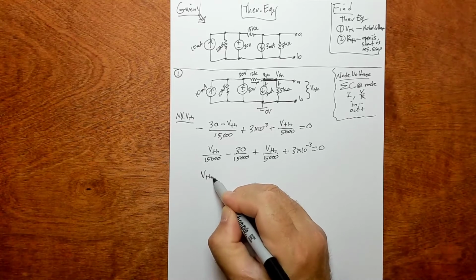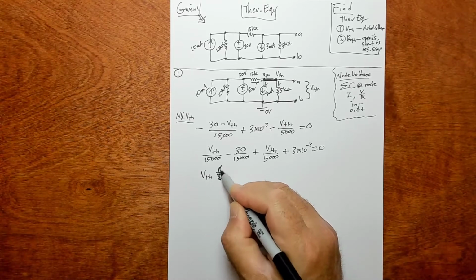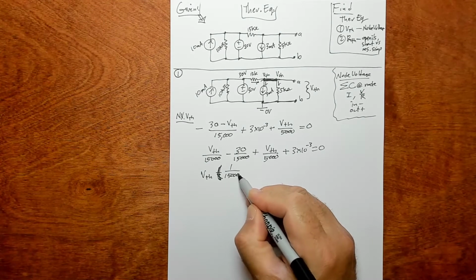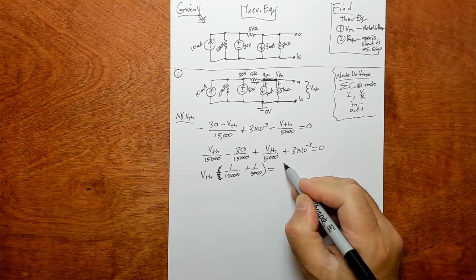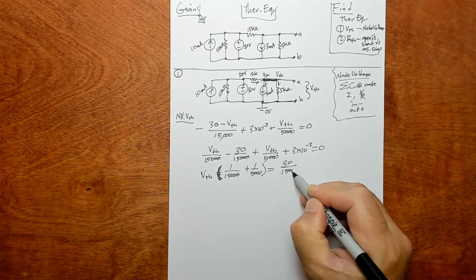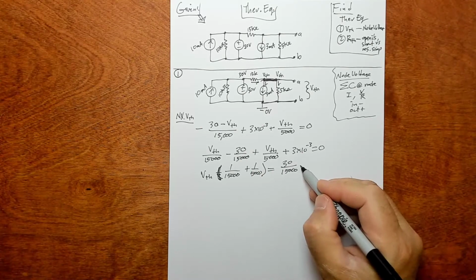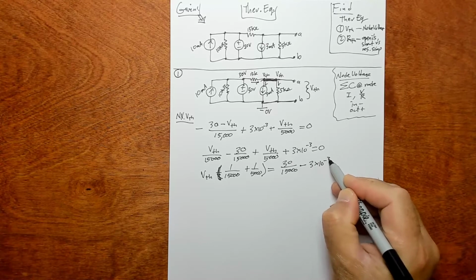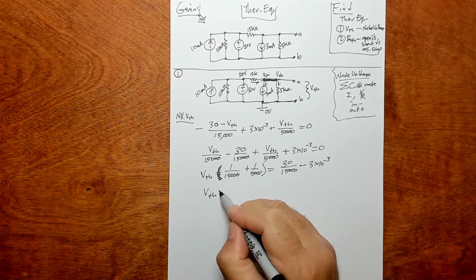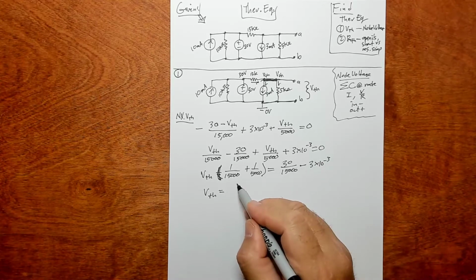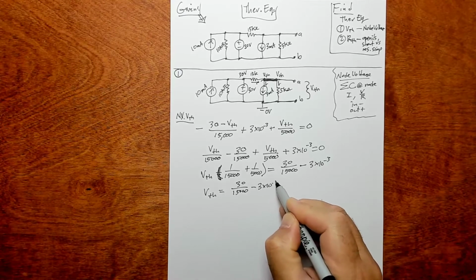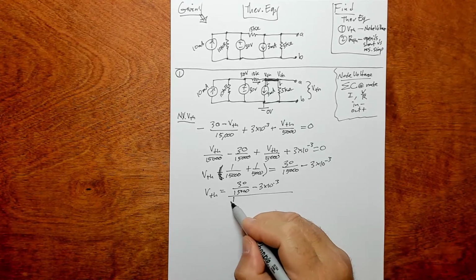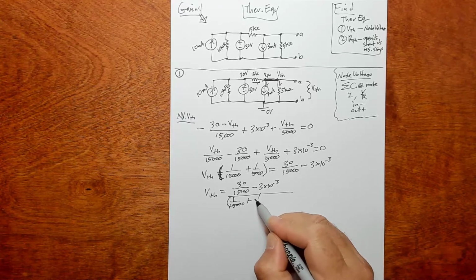We can factor out V-Thevenin: V-Thevenin times 1 over 15,000 plus 1 over 5,000 equals 30 over 15,000 minus 3 times 10 to the minus 3. So V-Thevenin is 30 over 15,000 minus 3 times 10 to the minus 3, all divided by 1 over 15,000 plus 1 over 5,000.